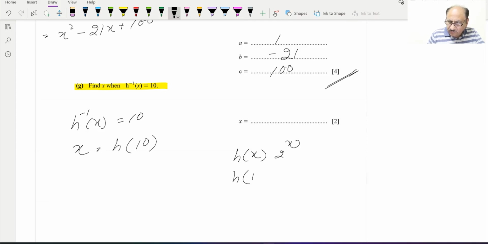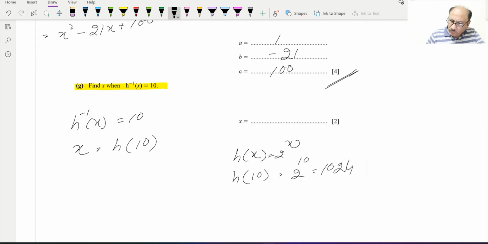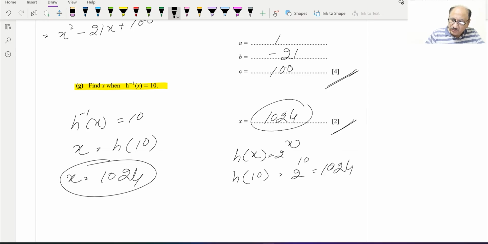So h of 10 will be equal to 2 raised to the power 10, and 2 raised to the power 10 is equal to 1024. So x is equal to 1024, and this will be the final answer for 2 marks. This is done. Hopefully you understood this.